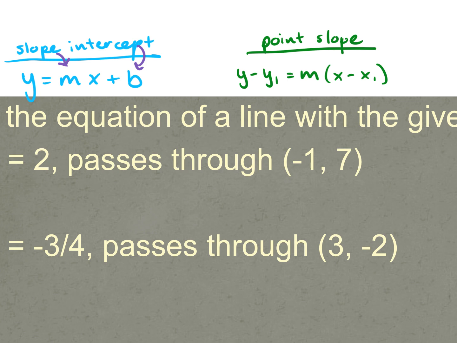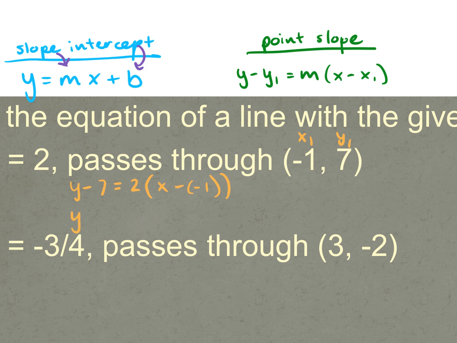So let's plug it in. M is 2, tells us that. It passes through the point, -1, 7. So this is our x1 and y1. So we have y minus 7 is equal to 2 times x minus -1. How could I write x minus -1 a little bit nicer?